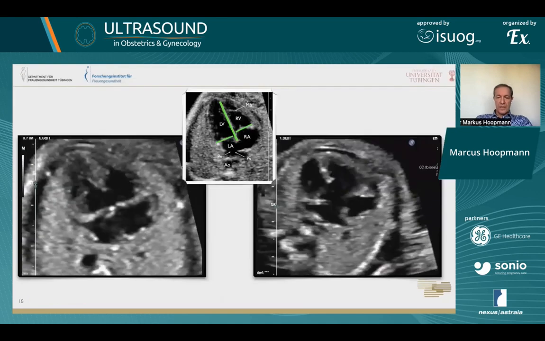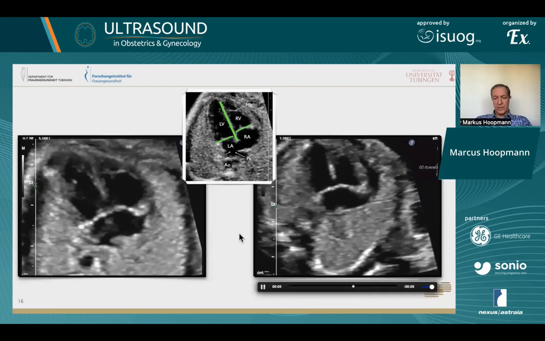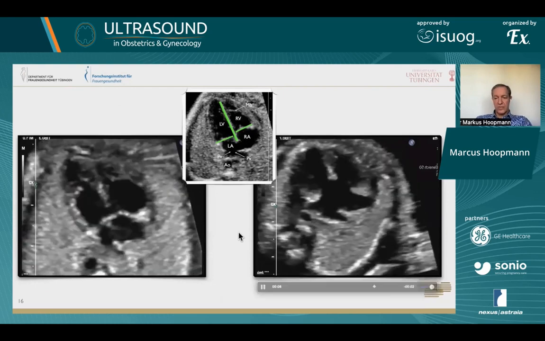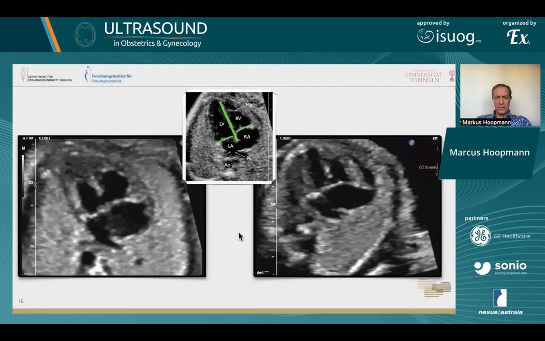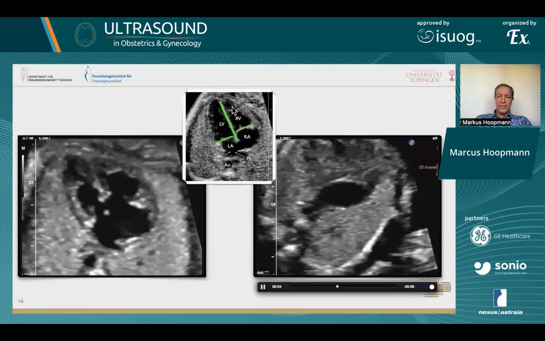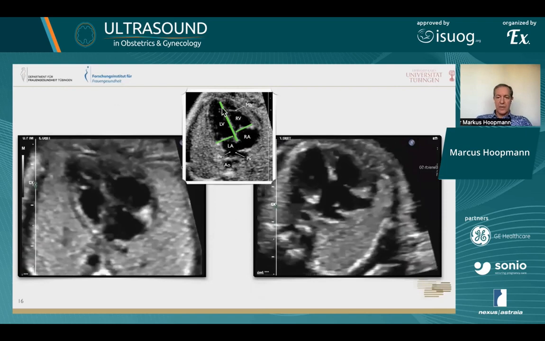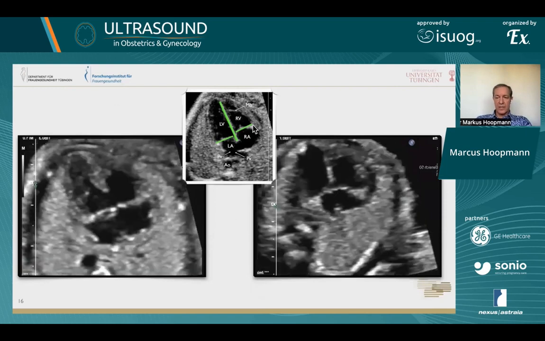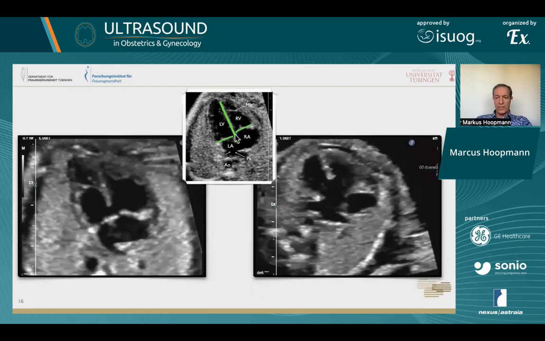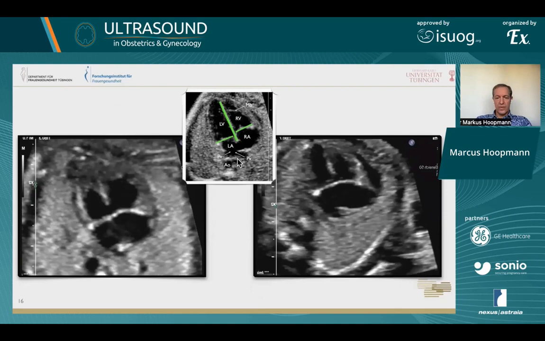So a short repetition on this heart defect, because it's the most frequent heart defect you can find in utero. Focus on this cross inside the heart. This cross built by the septum and the 2 valves, with this small step, the small distance between the 2 valves.